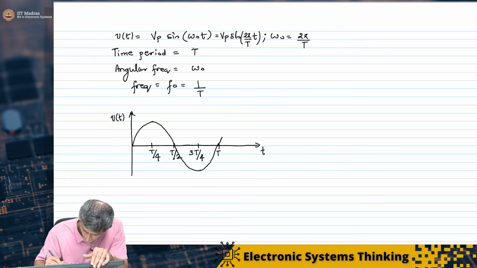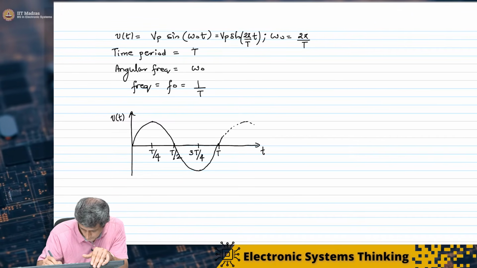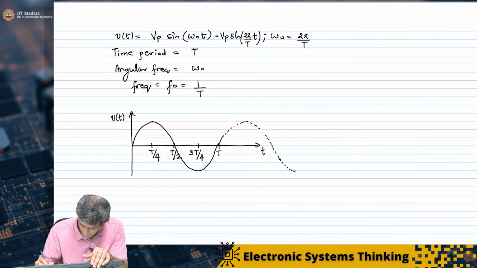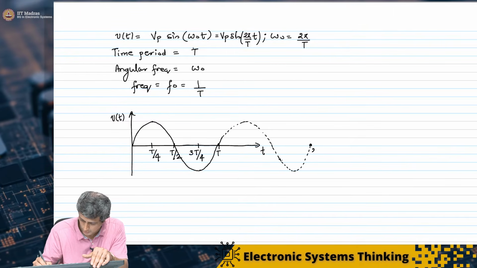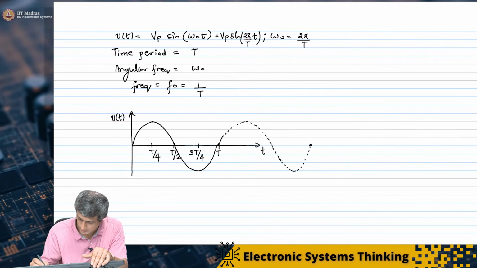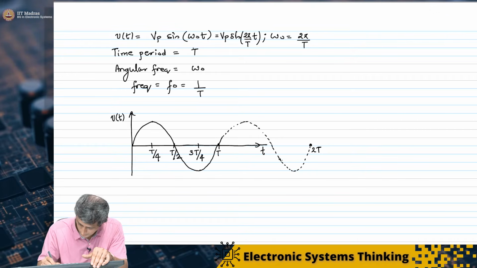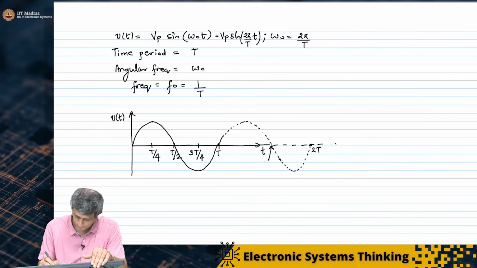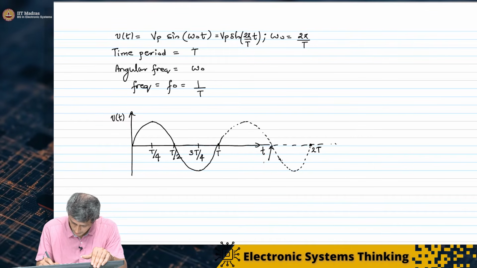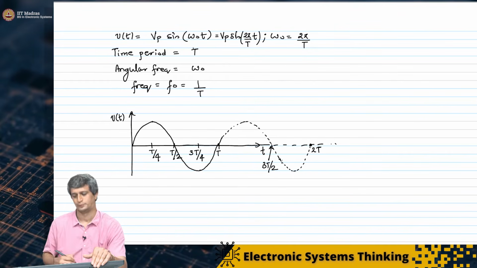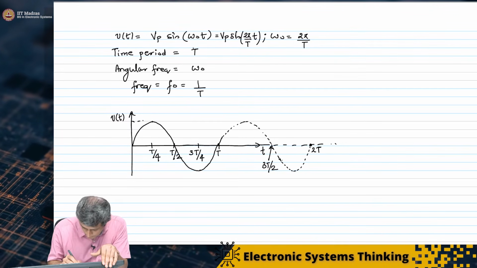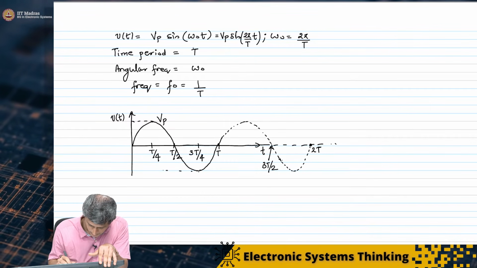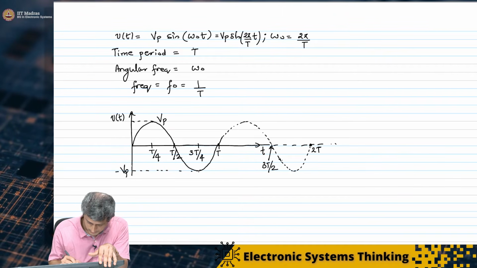And then it is going to continue in exactly the same way. It's a periodic signal, it will continue all the way to 2T, and this is obviously going to be 3T by 2, and this amplitude will be Vp, this will be minus Vp.